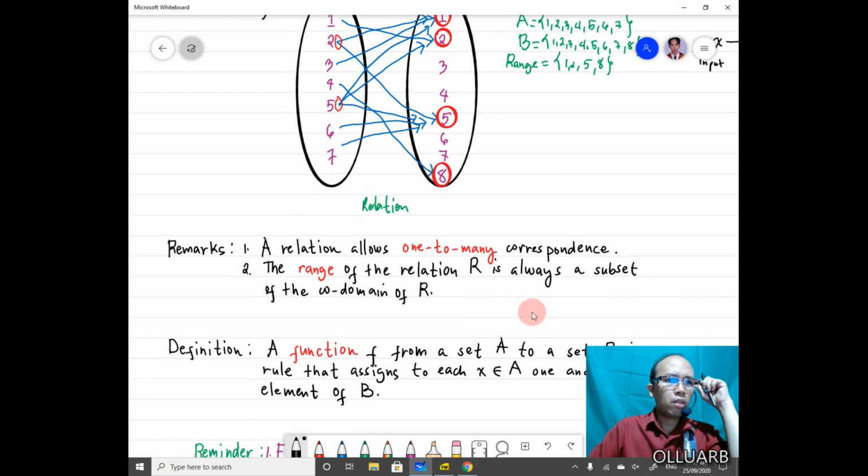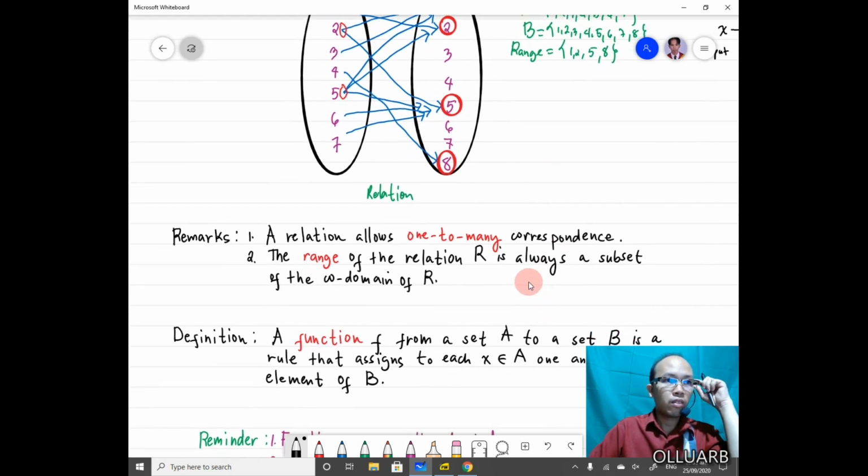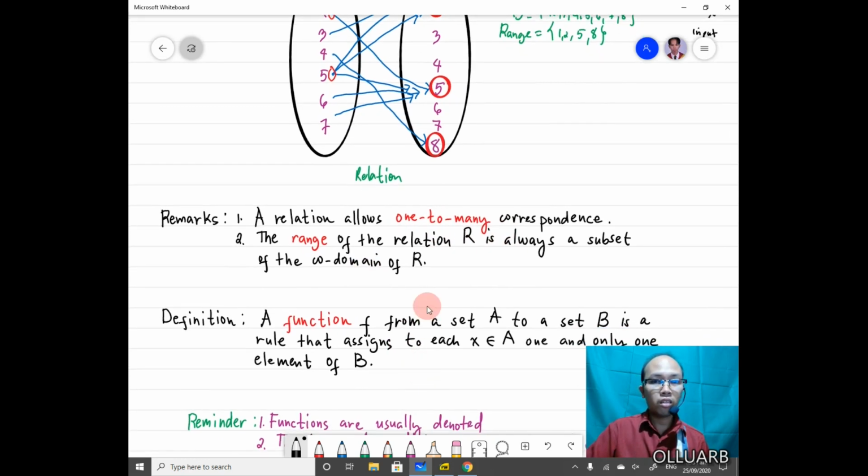So what do we mean by a function? This is just the negation of the relation. If it allows only one-to-one correspondence, then that definition is what we call a function.